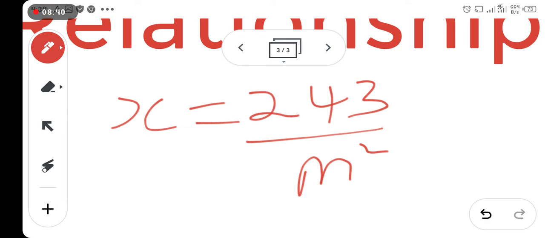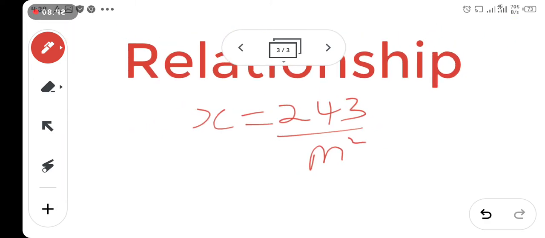Now you can remember that the question said that we should find the value of x when m is equal to 3.